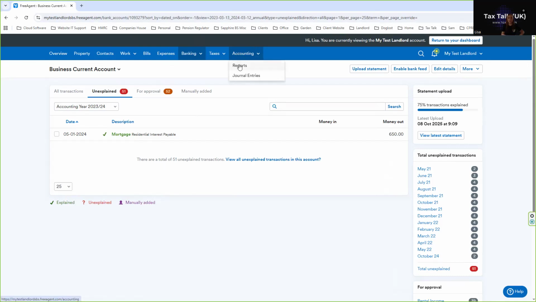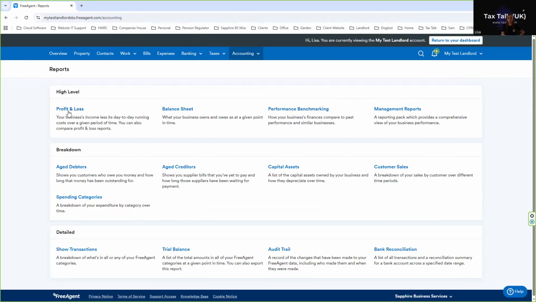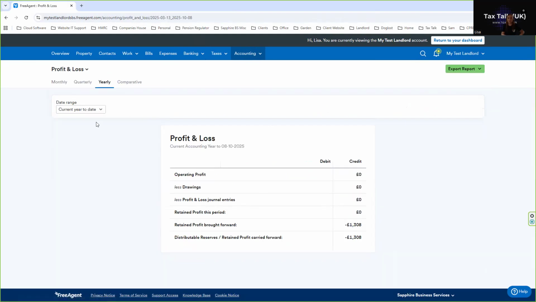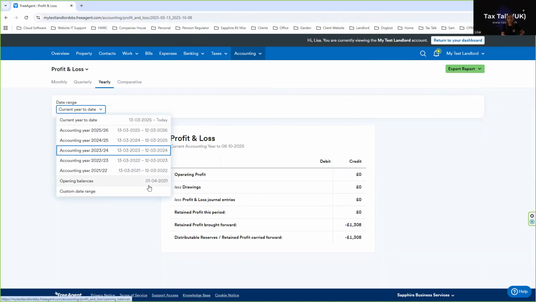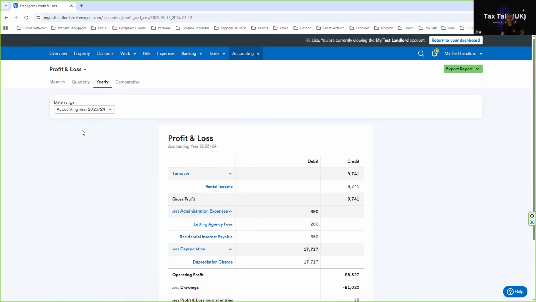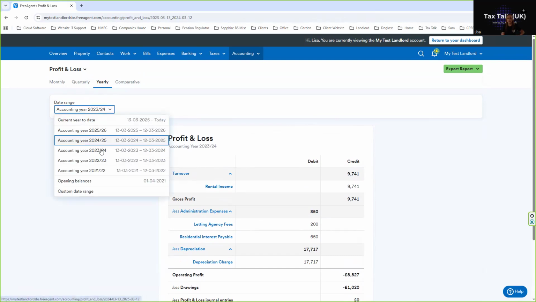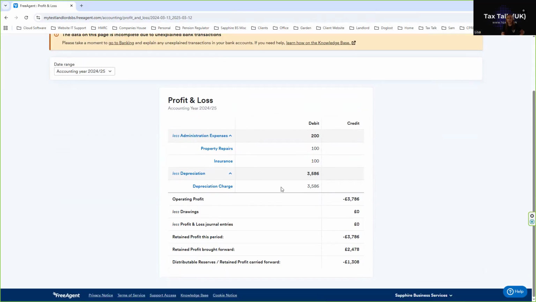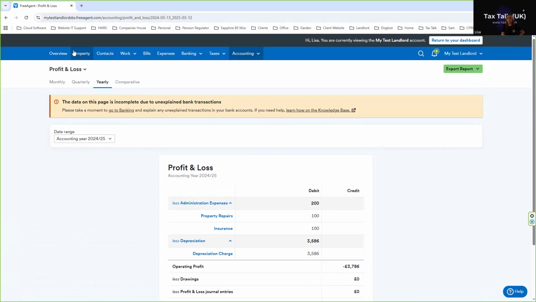And then I'm just going to quickly show you, if I go to the reporting and to the profit and loss, and that was the 23-24 year that was in, you can see that we have the rental income and we have the agent fees now separated out, and we can see that interest payable. And you will notice, those eagle eyes amongst you, that some of the transactions were in 24-25. So that is why they're not all included there.